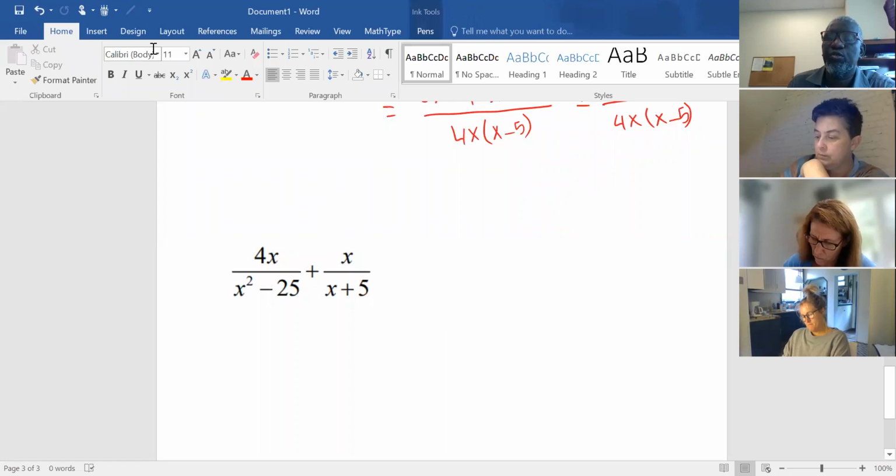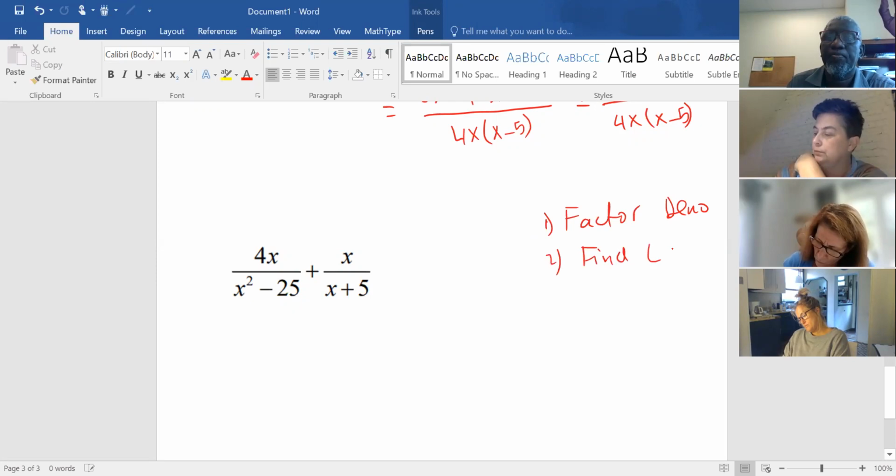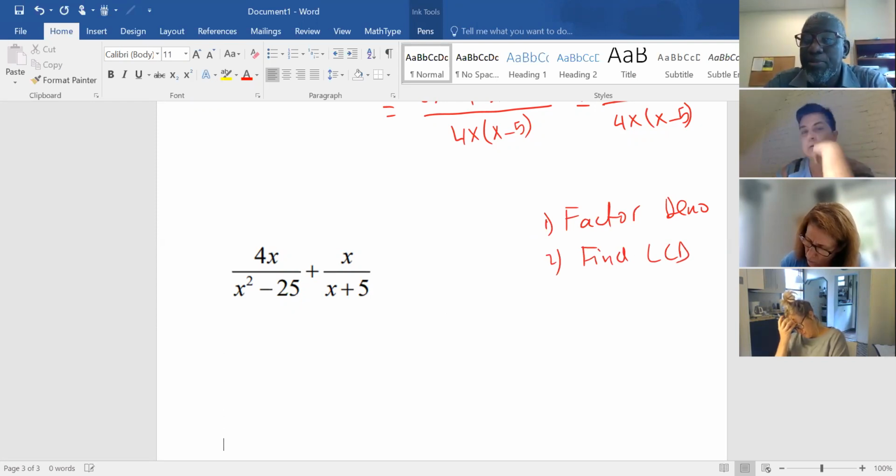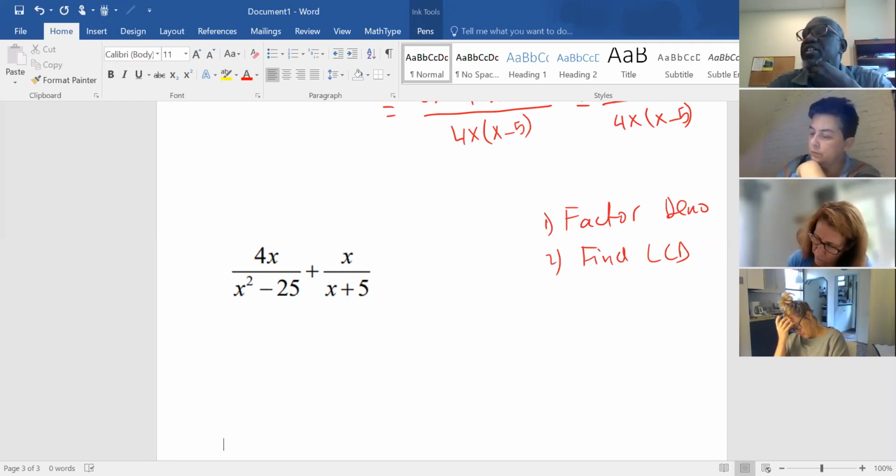So first, what you have to do is factor the denominators, right? And second, find the LCD. In all the examples we did previously, there was nothing to factor, right? But here we have to factor before we say what the LCD is.